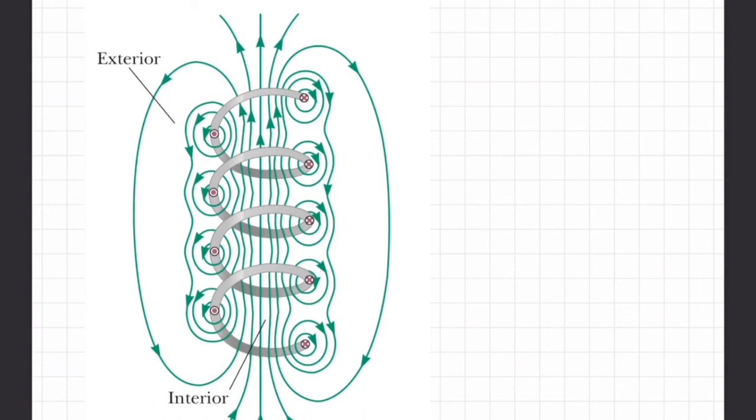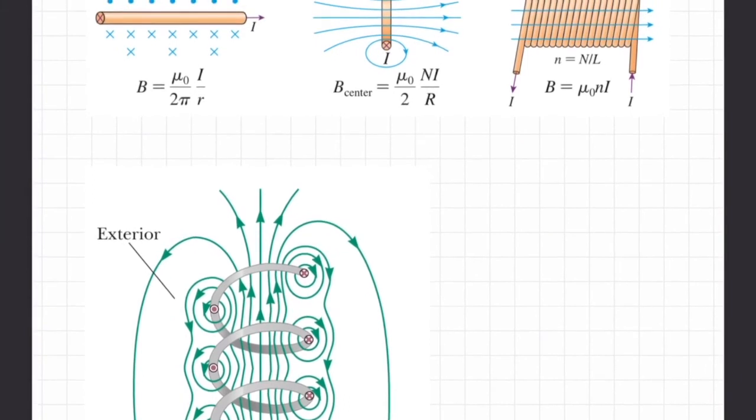But most of the time we're going to talk about an ideal solenoid. An ideal solenoid essentially is very long, so long that we can almost assume it is infinitely long. But as we have seen many times, nothing is infinitely long, but if it's long enough, then it's a good approximation.